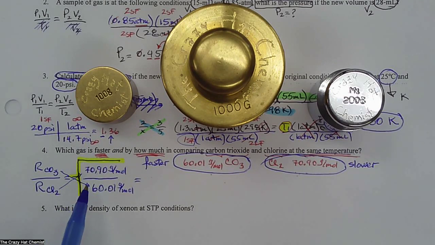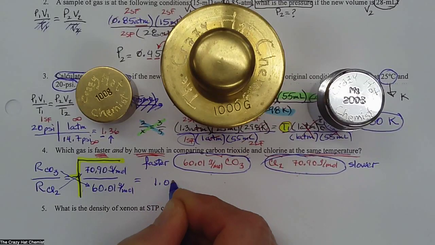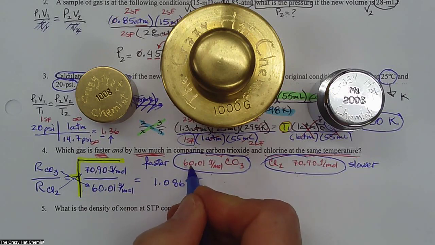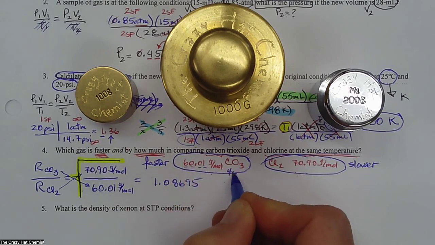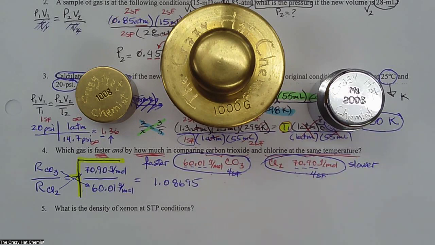So it's 70.90 divided by 60.01, and then we take the square root. We get the number in our calculator, 1.08695. This number has 4 significant figures, so my answer will have 4 significant figures.